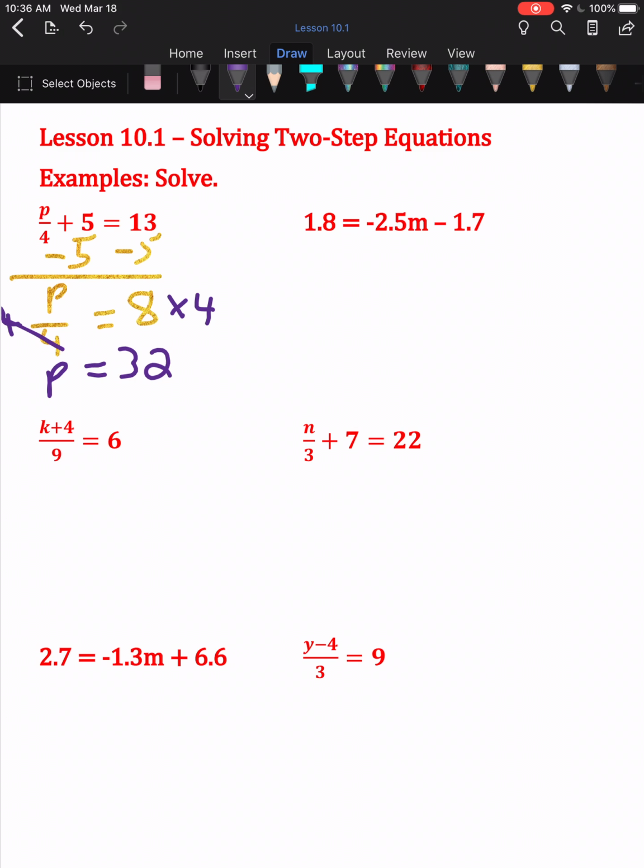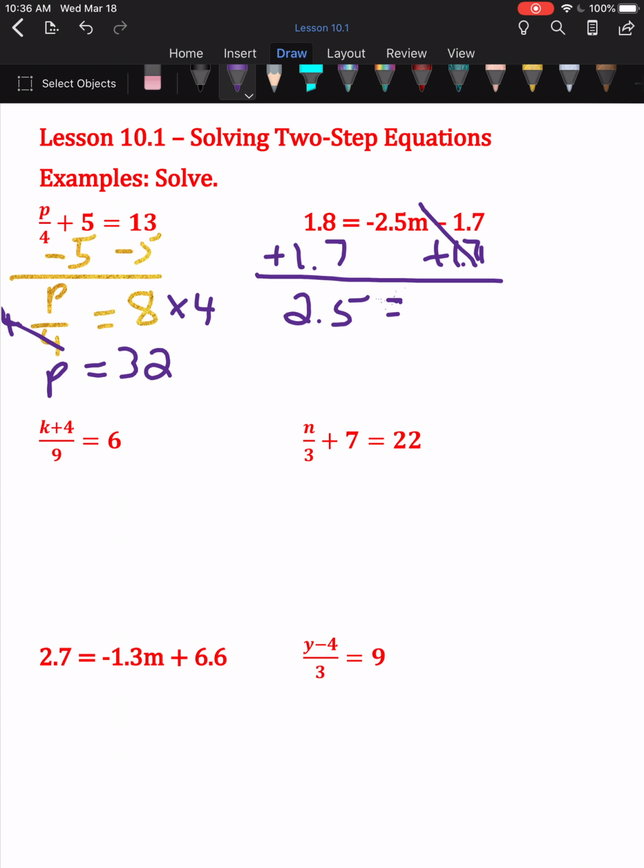On my second example here, I have 1.8 equals negative 2.5m minus 1.7. We will start by adding 1.7 to both sides. On the right side here, that cancels out. 1.8 plus 1.7 is 2.5.